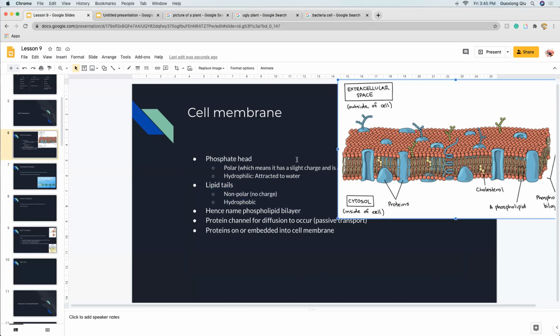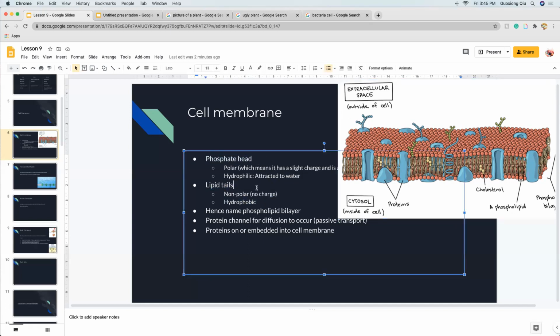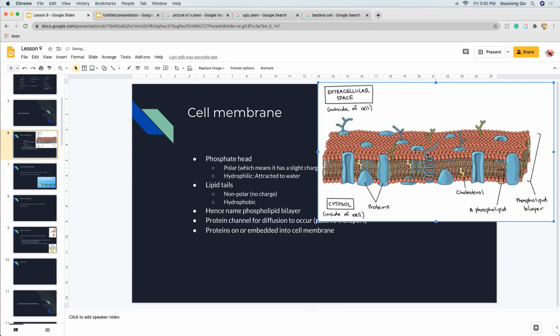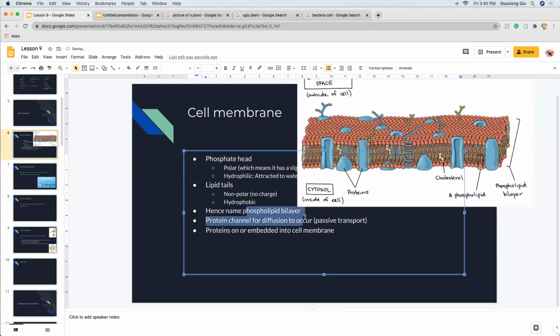Now, when there's one phosphate head and two lipid tails, one of these thingies is called a phospholipid. As you can see in the cell membrane, there are two layers of phospholipids. So the cell membrane is referred to as a phospholipid bilayer.